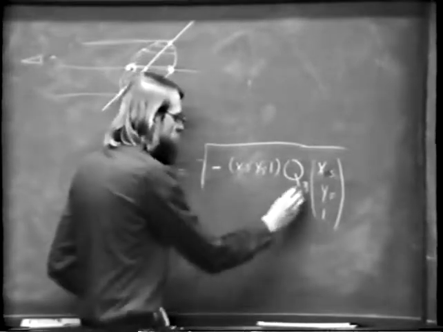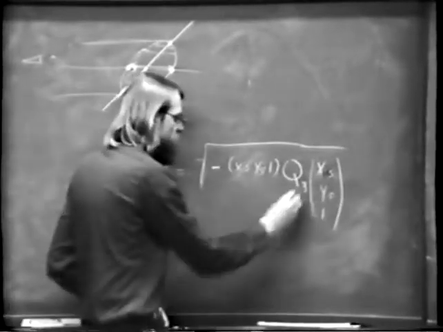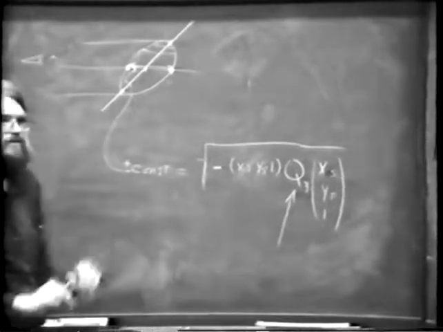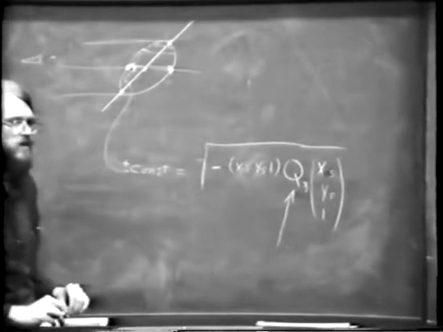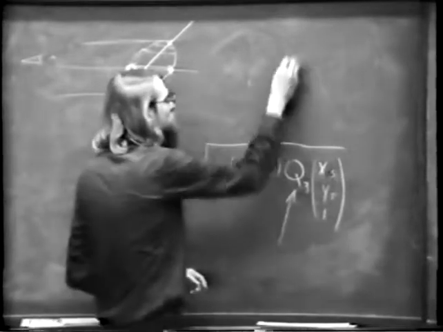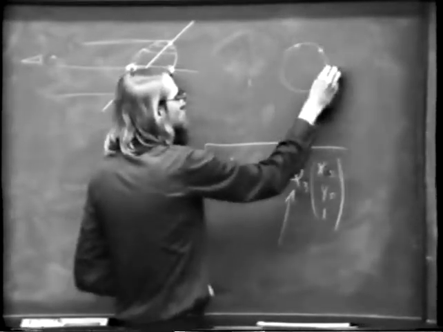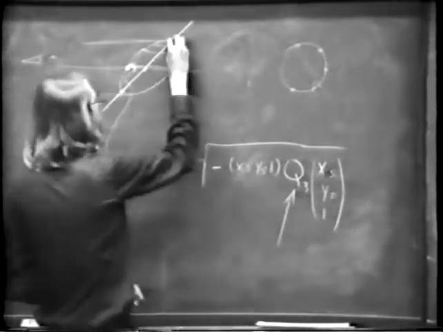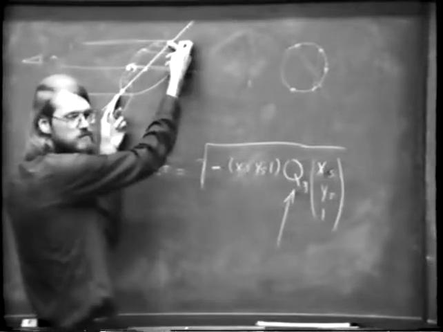This Q3 then was the thing that defined the curve that we had on the screen. It sort of makes sense because Q3 defines this curve so that points that are on the curve, this product is equal to 0. And so this displacement away from the plane is 0.